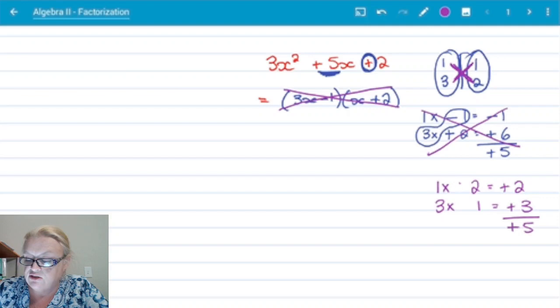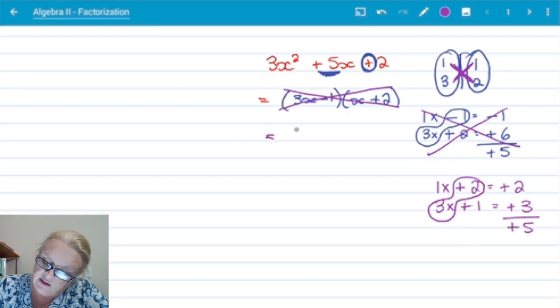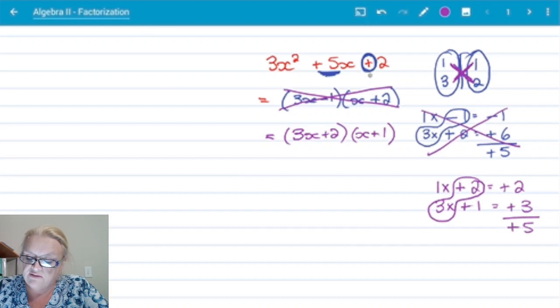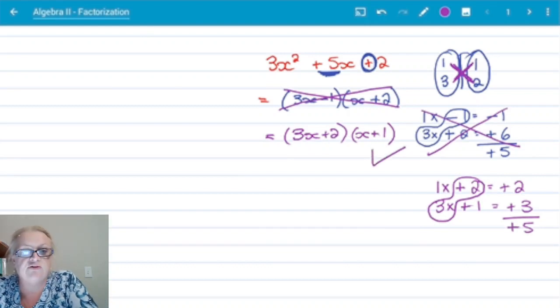Bring those signs to the front and put the sausage in. 3x plus 2, x plus 1. Do they both have the same sign? Yes, so I'm fine. My sum's right. Okay.